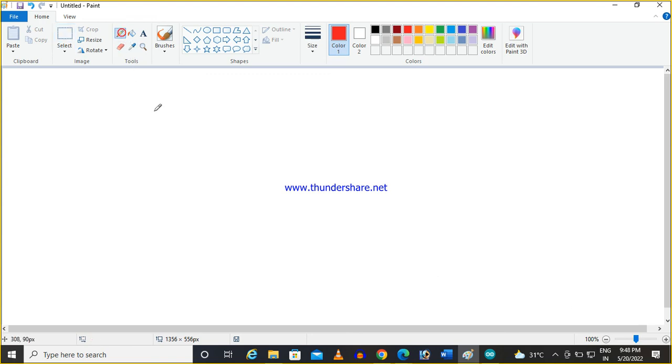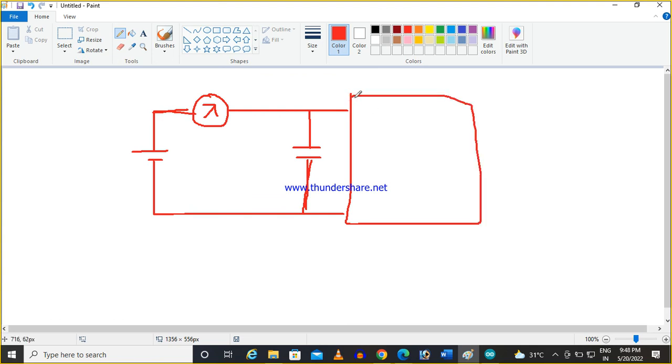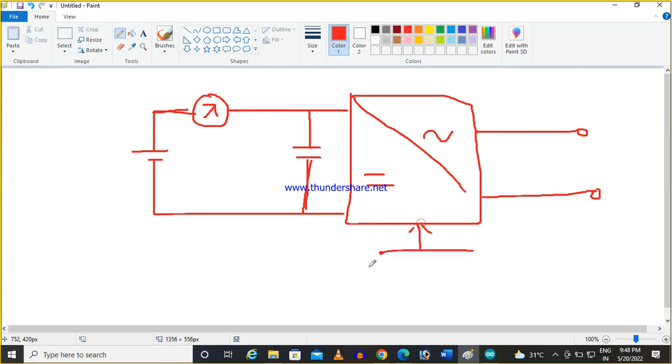So this is your power supply. This regulated power supply itself has one ammeter as an indicator. Now here all your capacitors will be there, and this is your inverter. This is the two lines and neutral, and this is your triggering. Here you are giving the PWM from the microcontroller. Here one switch will be there, to turn on and off.